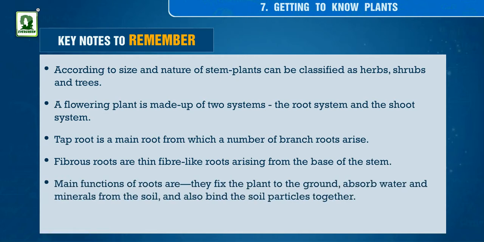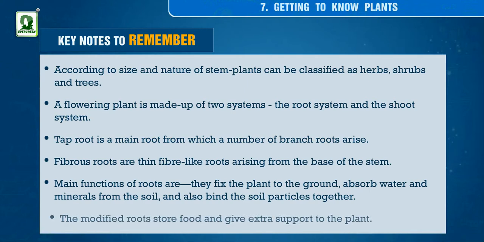Main functions of the roots are: they fix the plant to the ground, absorb water and minerals from the soil, and also bind the soil particles together. The modified roots store food and give extra support to the plant.